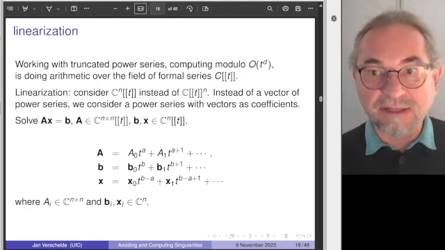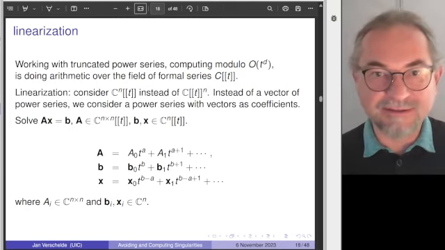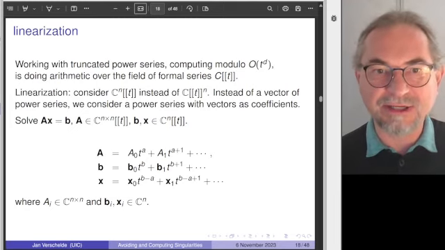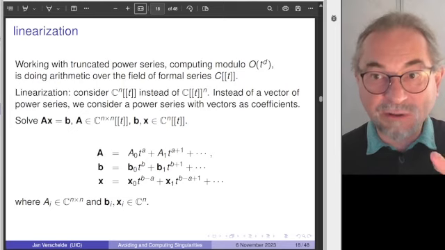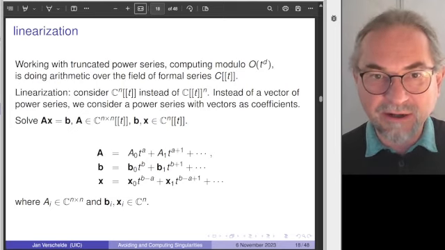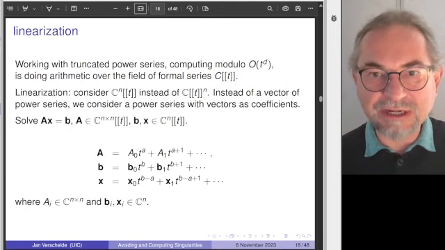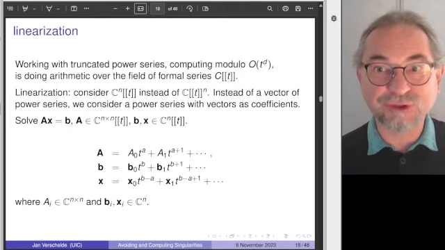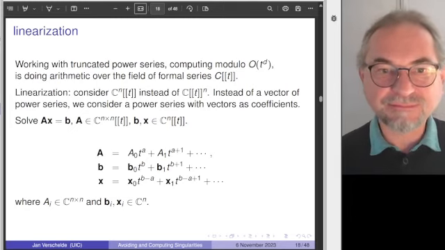However, while that is symbolically a great idea, numerically it's way better to apply linearization. Instead of considering a vector of power series, it would be better to consider a power series where the coefficients are vectors.